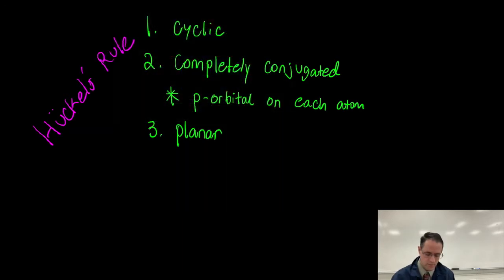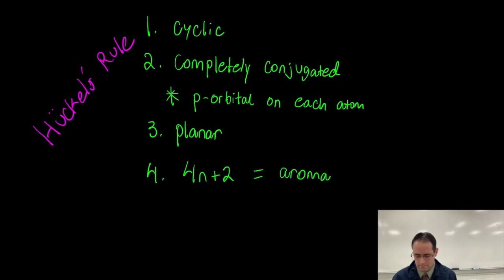Now, here's where the interesting situation arises, okay? If those 3 criteria are met, then you start counting the pi bonding electrons, or the electrons in the pi bonds, in the pi system. If the number of pi bonding electrons is 4n plus 2, that's going to be aromatic, okay? 4n is going to be anti-aromatic, okay?